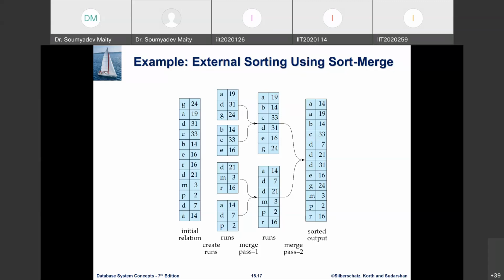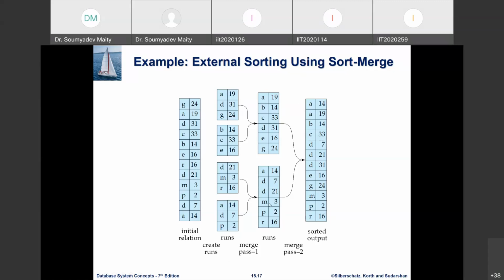So what has been done here? You take the first 3 rows of the table, that is G, A, and D, in memory, and then apply any sorting algorithm, quick sort, merge sort, bubble sort, and order the tuples: A comes first, then D, then G. Then this is temporarily saved in a file.